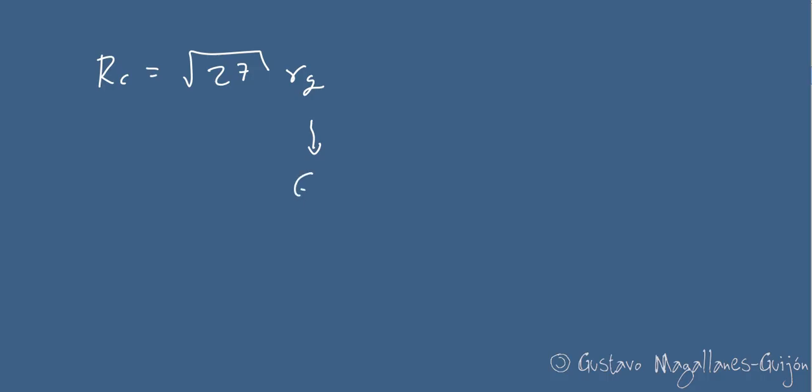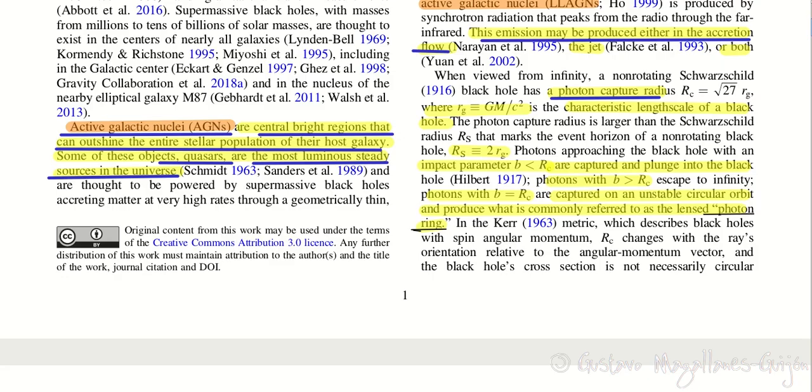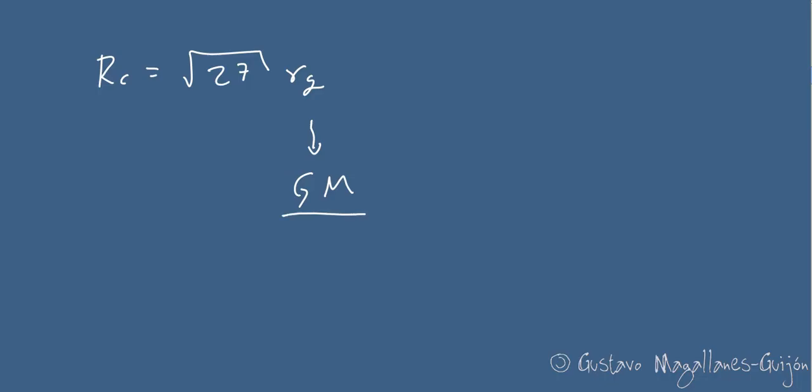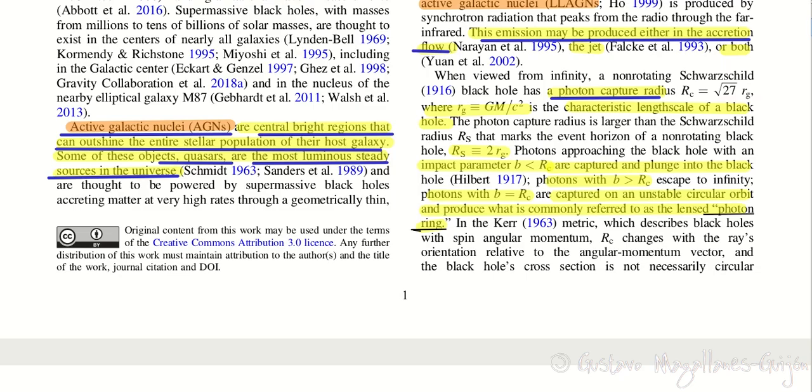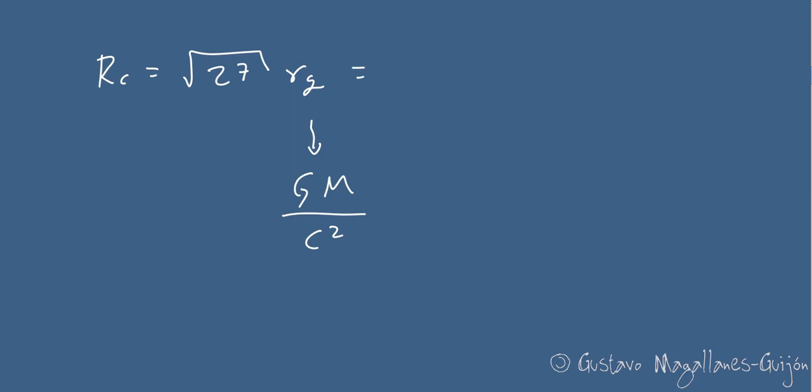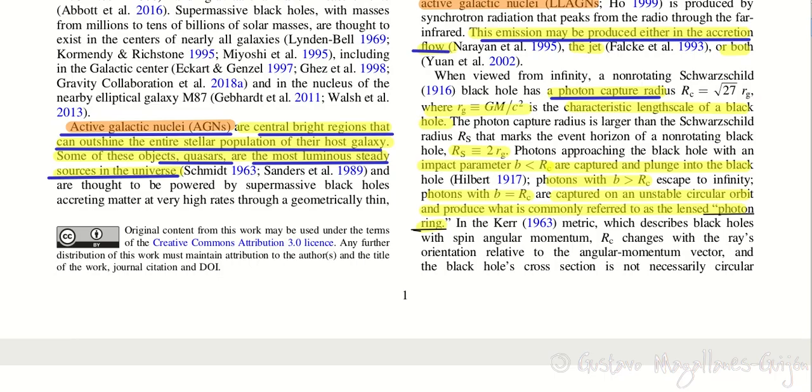It is the gravitational constant times the mass, G M, divided by c squared, the velocity of light squared.